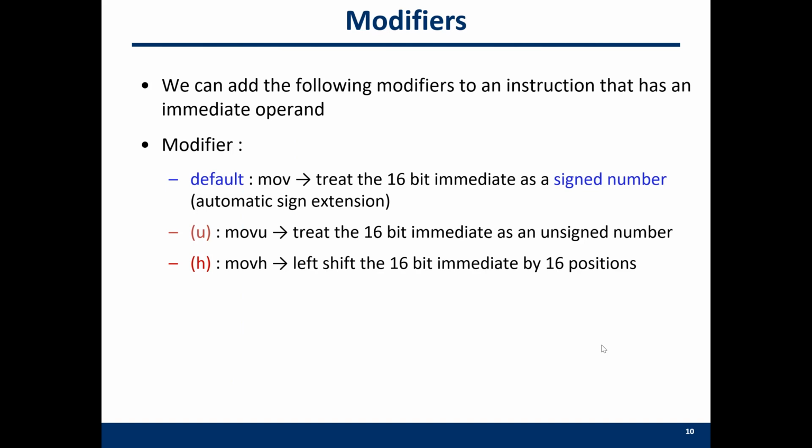So if you want to move a 32-bit value to some registers, you need to use move H for this 16-bit.